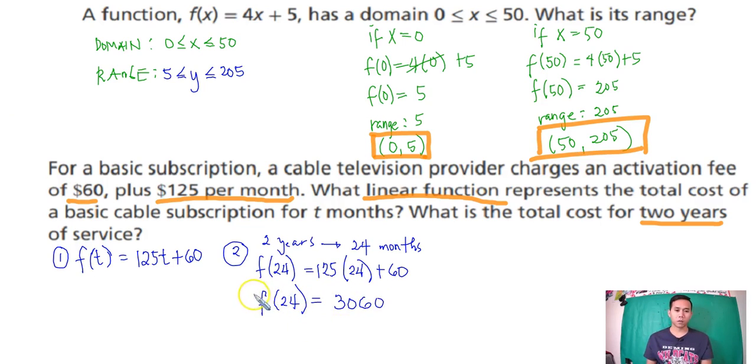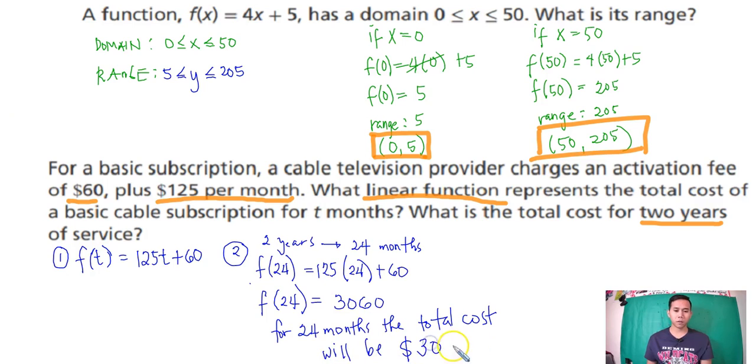So this is our answer for 24 months. So we interpret that for 24 months, the total cost will be $3,060.